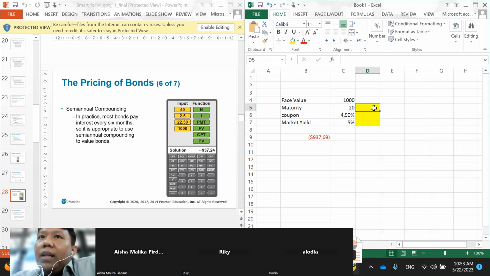So in this case, 4.5, so this is 45. Wait, this is a number, not a percentage. 45, okay.